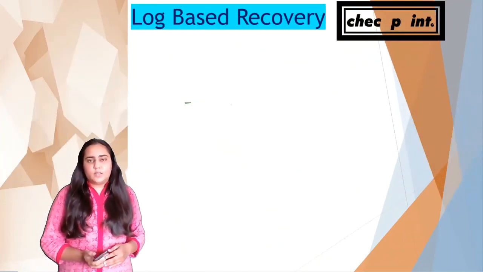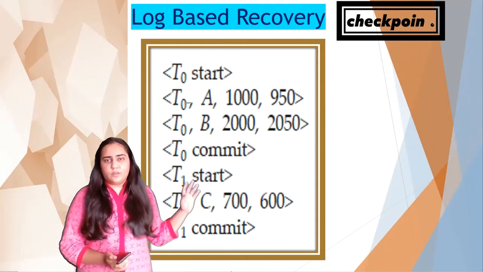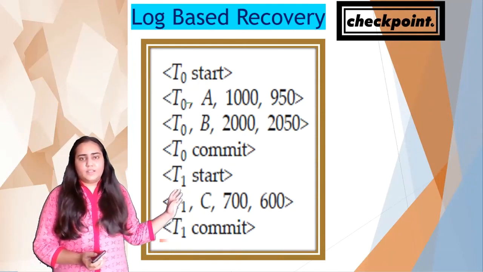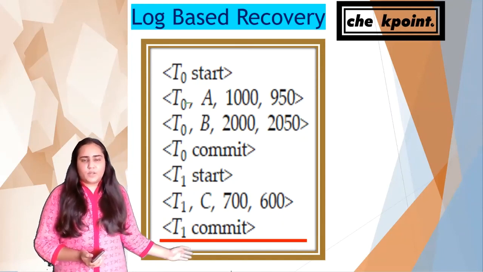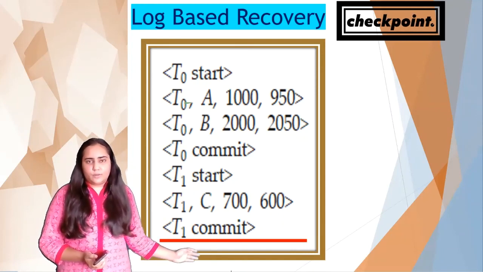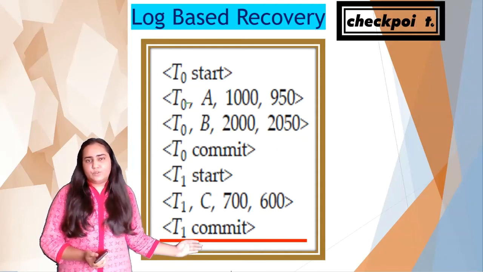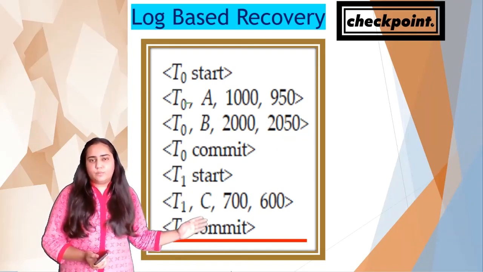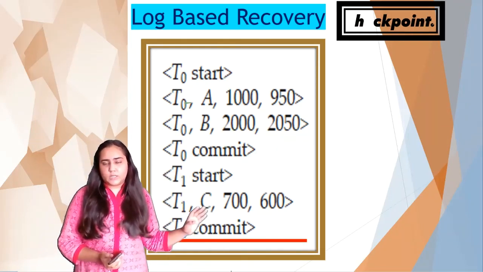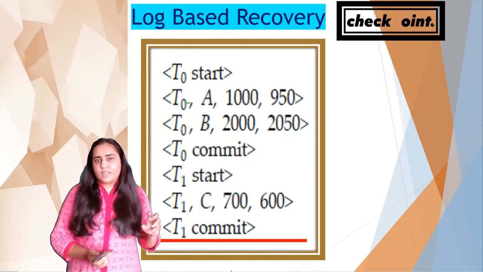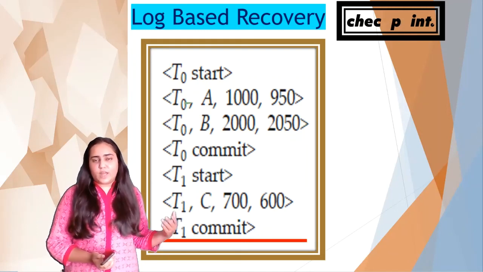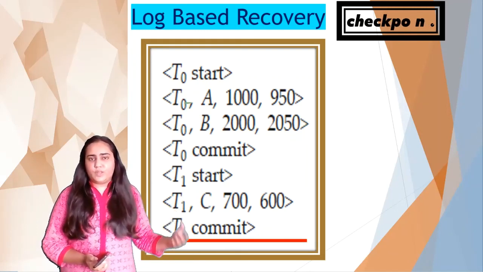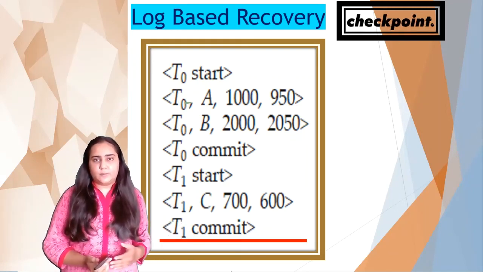So we'll use the same log that we had earlier and consider that there's a failure occurring at this point in the log. So at this point, you know that T0 and T1 both have committed. And normally, without a checkpoint, what you would have to do is redo T0 and redo T1 both, because both have started and committed.